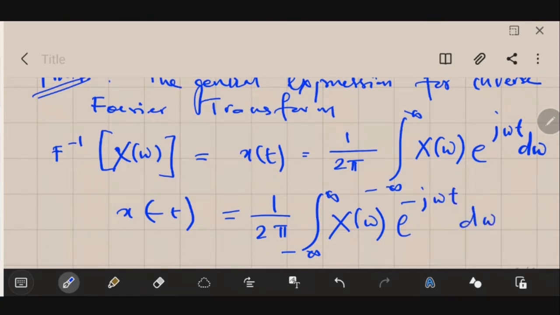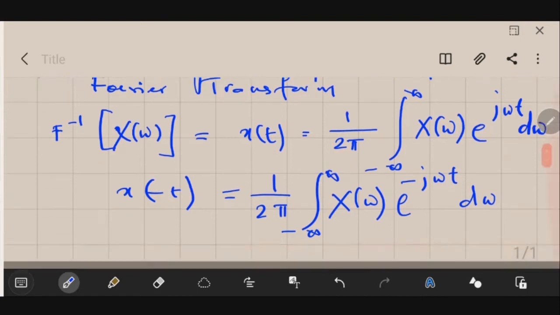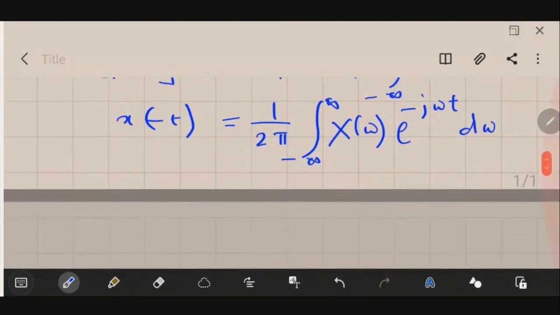So you could see on the exponential signal, e to the power minus j omega t, we have written it because we have replaced that small t with minus small t.